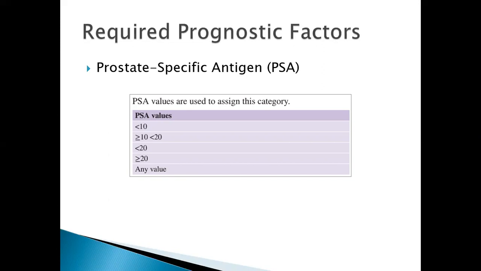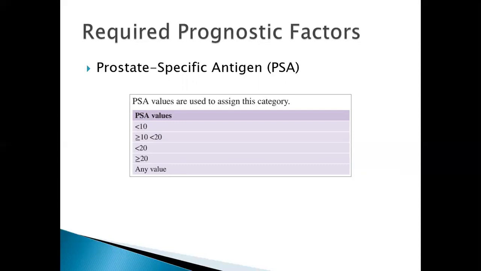That's more for third world areas where they don't have the capabilities of doing these tests. The first prognostic factor is the PSA. This is important because the higher a man's PSA level is, the greater the risk of being diagnosed with prostate cancer and the greater the risk of dying from it.